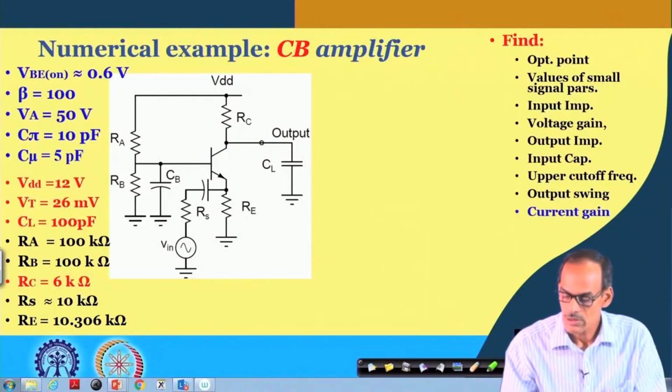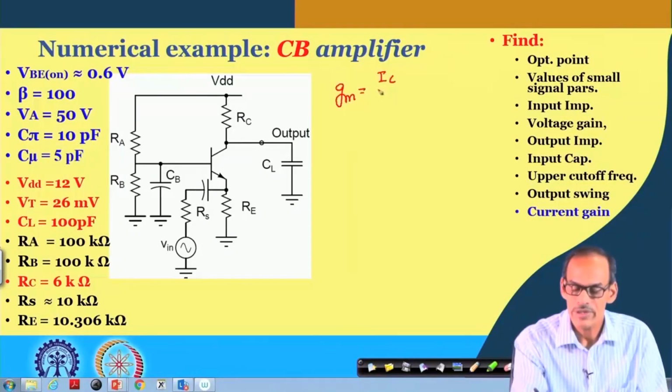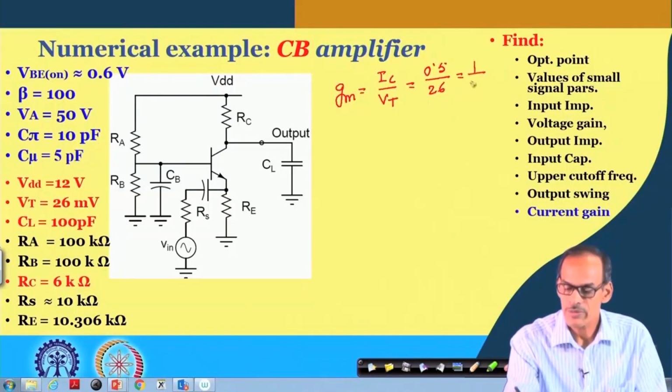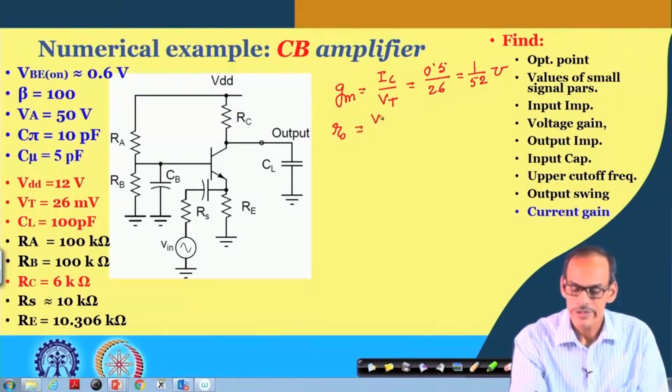Small signal parameters: Gm equals IC divided by Vt. So, this is 0.5 divided by 26. So, I should say this is 1 by 52 mho.